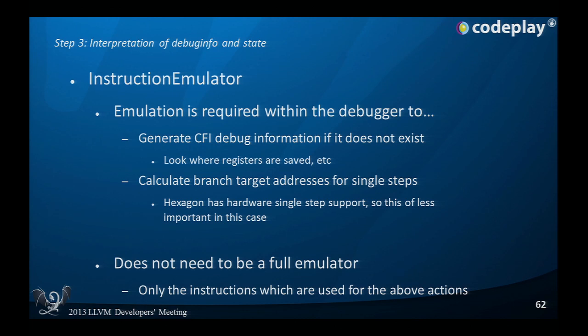Whilst it doesn't need to be a full emulator, you only need to emulate the instructions which are maybe in function prologues, etc. But there are times when the users of the debugger will want to debug optimized code. So then you've got to look and see if there are any situations where those instructions could get optimized to something else. So you need to be able to emulate all of them as well.